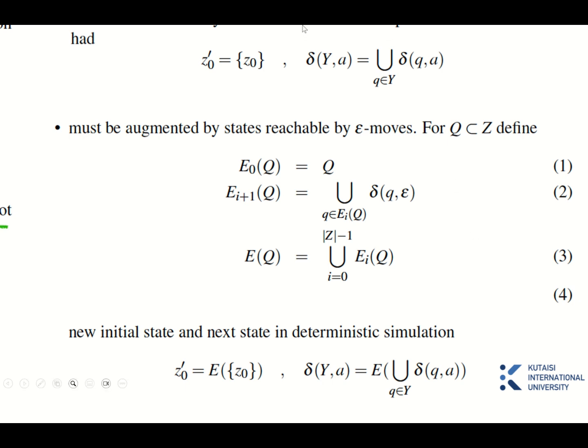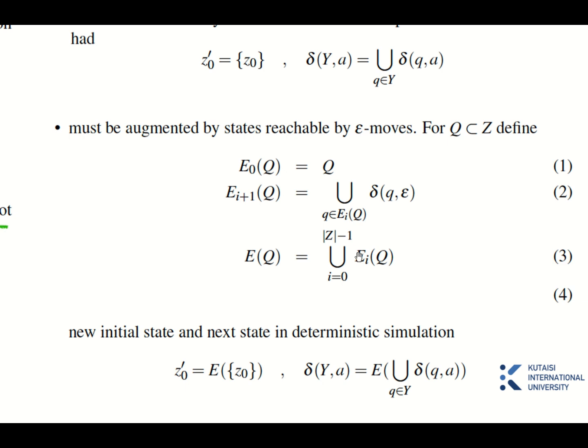So let me reiterate this. It can happen that by an epsilon move you go there, by the next epsilon move you go there, and by the next you come back. And if you do it again, you just go like this all the time. What I'm claiming is that if you do it the number of states minus 1 many times, the union, if you increase your Q one time, twice, three times by epsilon, epsilon, epsilon, then at some point you will not increase your E of Q anymore.